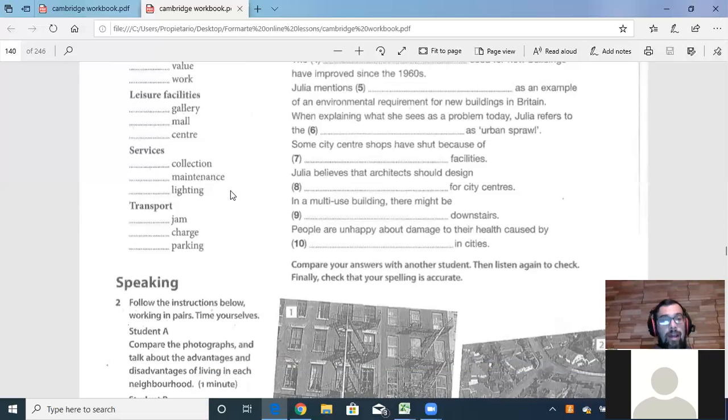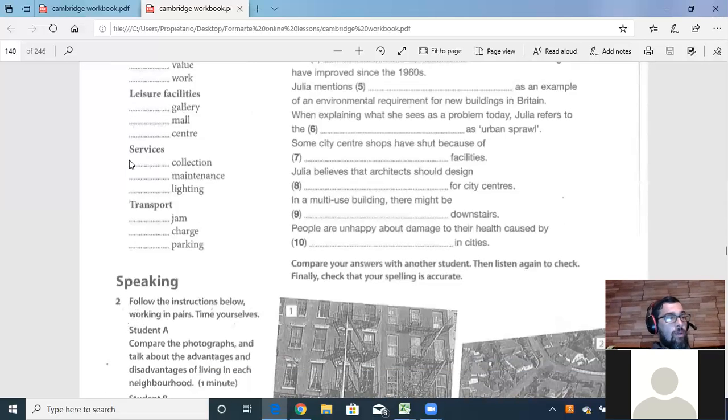Then regarding services, we have rubbish collection. Then we have road maintenance. And for this one, we have street lighting.